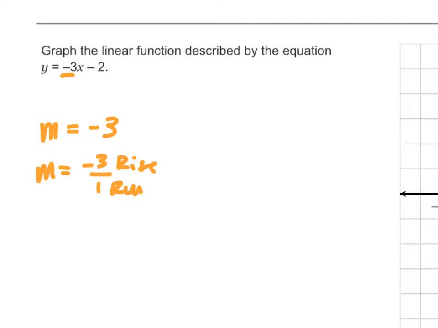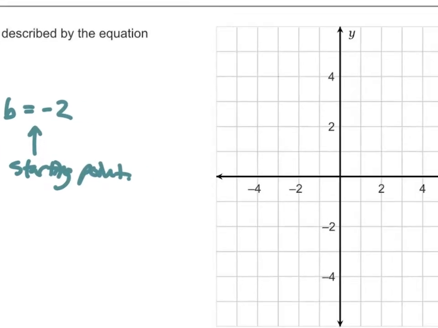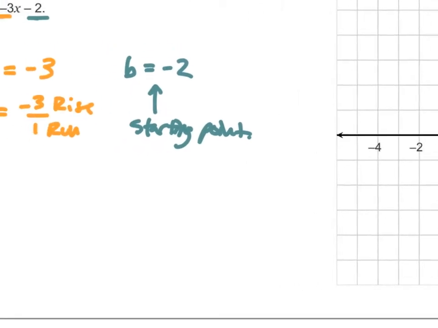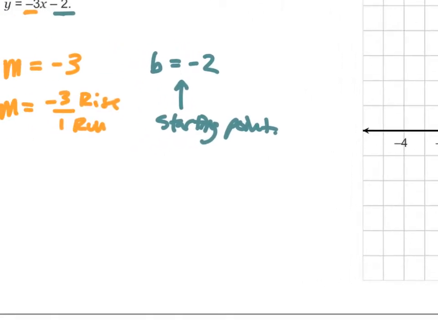The next thing I need to do is identify my y-intercept, and so my value for b is equal to negative 2, okay? And remember, this is our starting point. So I'm going to plot that first along the y-axis. If I find negative 2 along the y-axis and plot a point, that's my first point. And then I have a slope of negative 3 over 1.